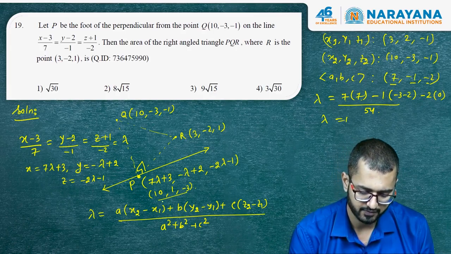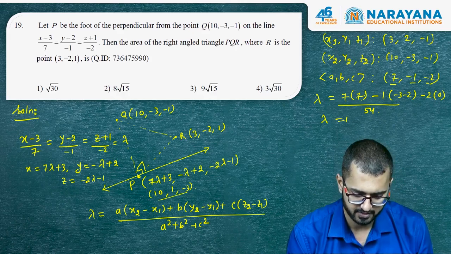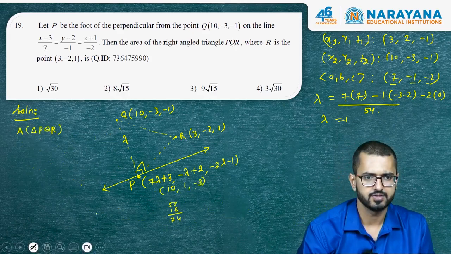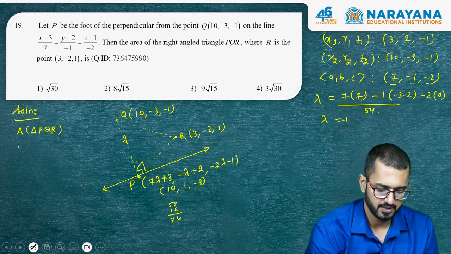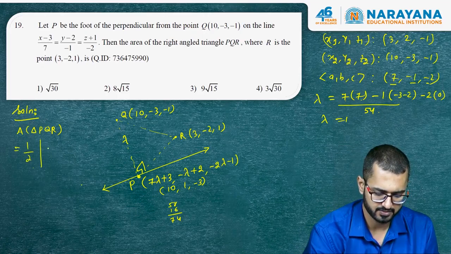Now we need the area of this triangle. So we want the area of triangle PQR. It will become half of the modulus of PQ cross PR.